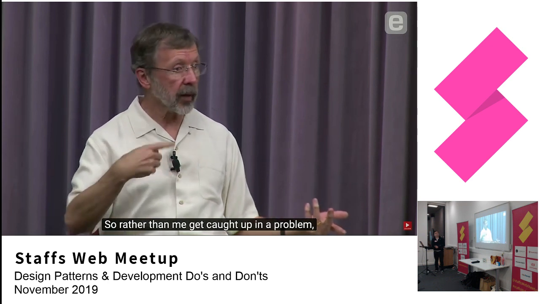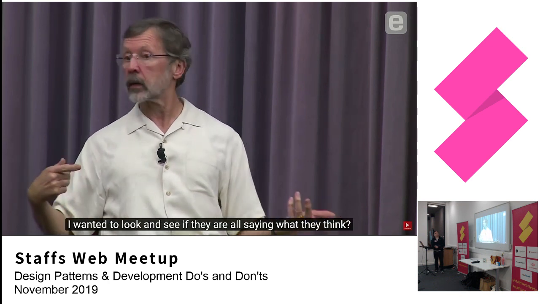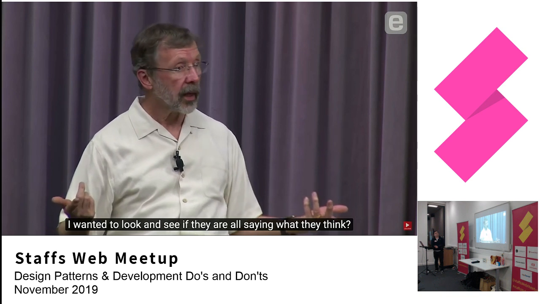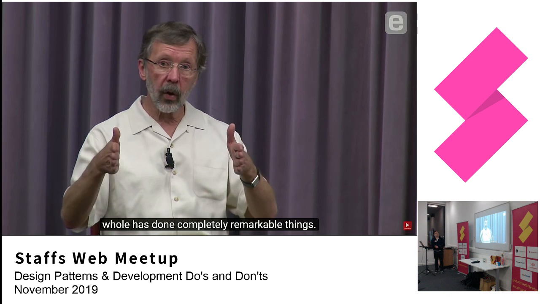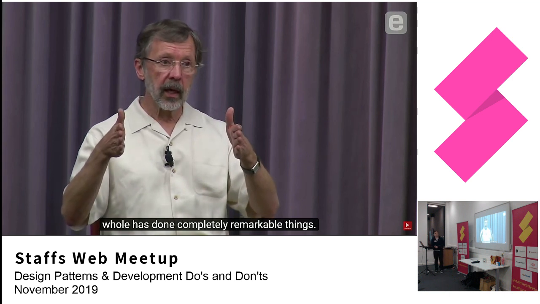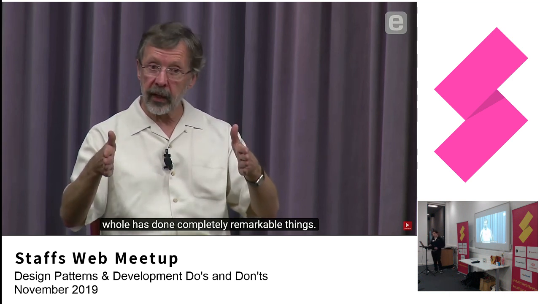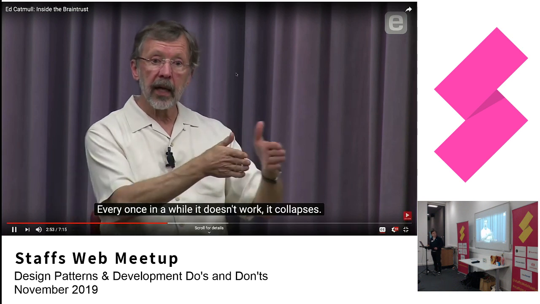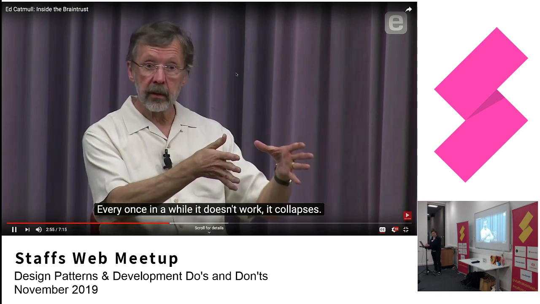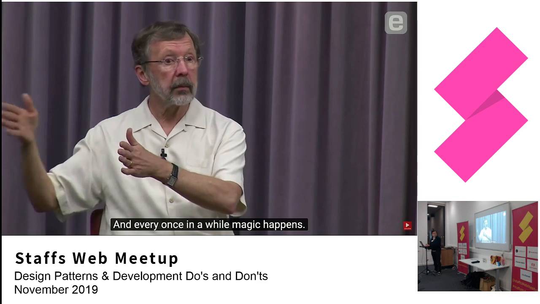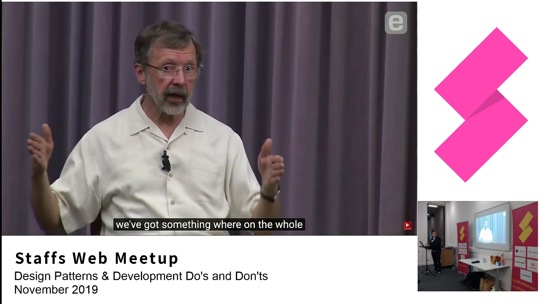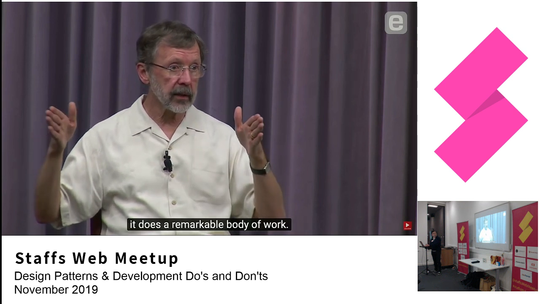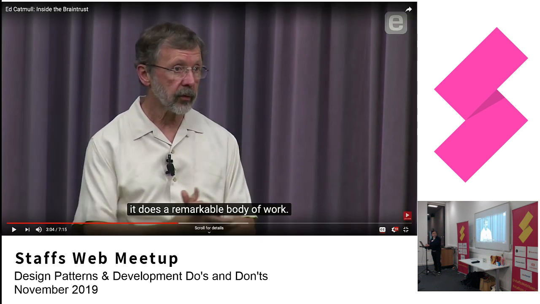So rather than me get caught up in the problem, I want to look at what they think. And the result is we've got this group which, on the whole, has done completely remarkable things. Every once in a while, it doesn't work. It collapses. And every once in a while, magic happens. But by setting it up and paying attention to it, we've got something where, on the whole, it does work, and it's got a remarkable body of work.